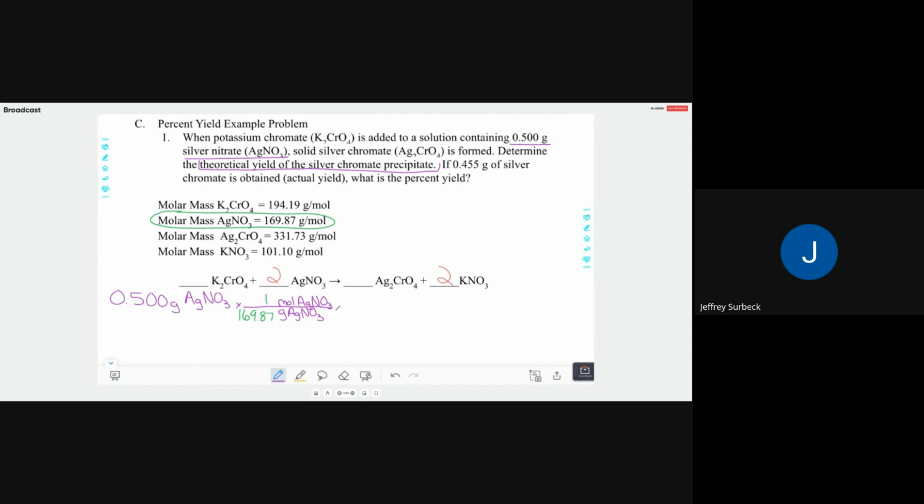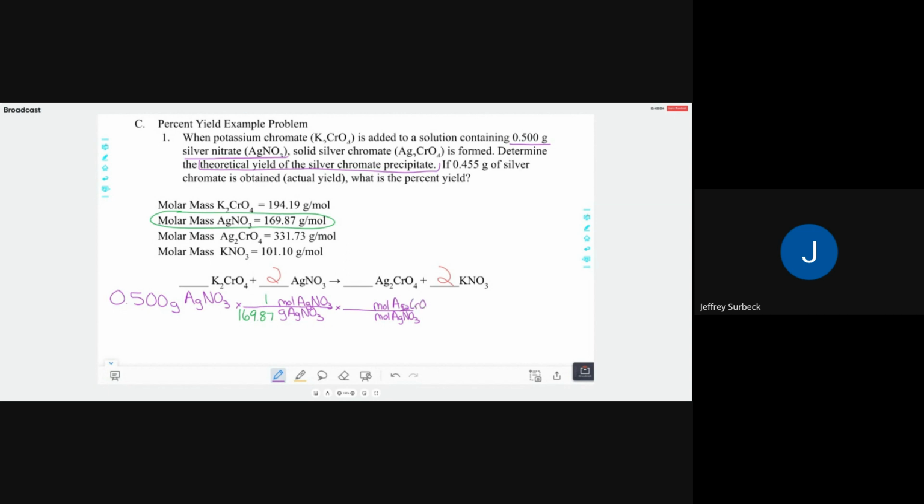So now we have times, we draw our line, what cancels down in diagonal? Yep, moles of that AgNO3, and then we can go to anything we want in the chemical equation, but we got to go to moles of that silver chromate.